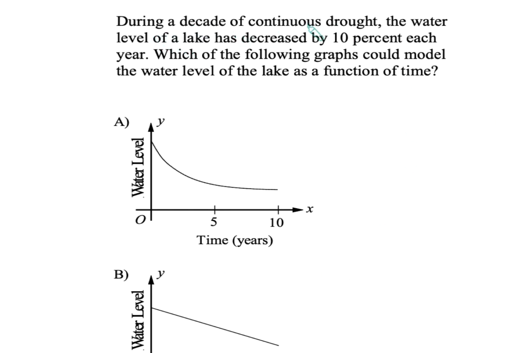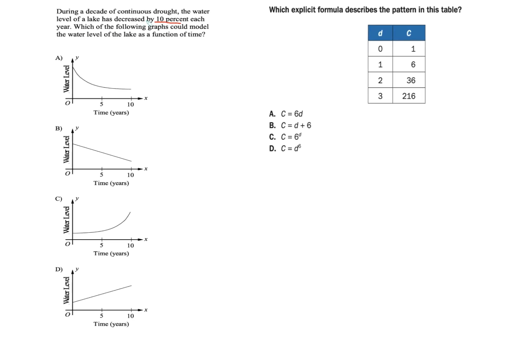During a decade of continuous drought, the water level of a lake has decreased by 10% each year. Which of the following graphs could model the water level of the lake as a function of time? Because it's decreasing by 10%, that 10% indicates that we are looking for an exponential function.